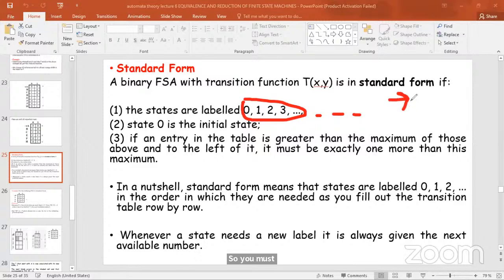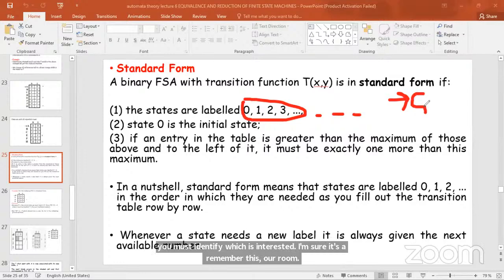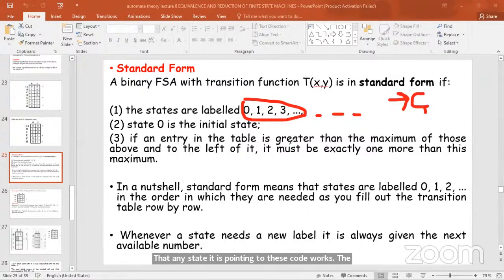I'm sure you still remember this arrow, that any state it is pointing to is called the initial state. So if an entry in the table is greater than the maximum of those above it and to the left of it, it must be exactly one more than this maximum. So you see all these conditions being explained shortly.